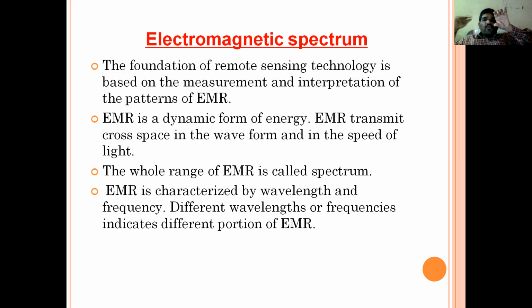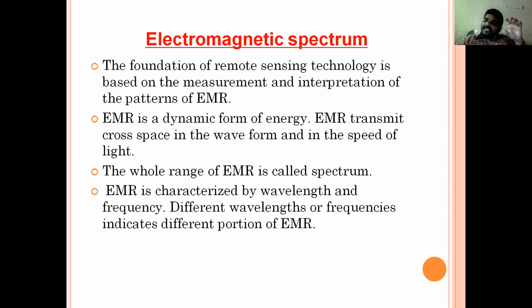When the light passes through the prism, it bends on the other side of the prism with different wavelengths. When you draw all those bending angles onto a paper, it constitutes the electromagnetic spectrum. Did you understand what I said?